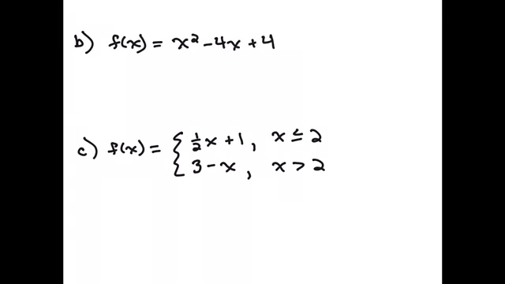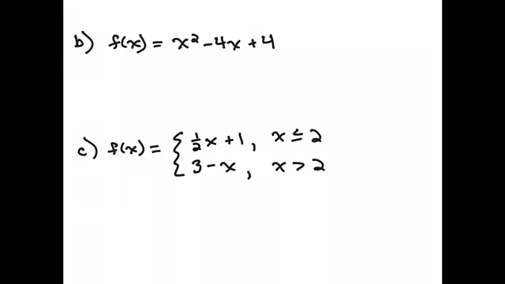F of x equals x squared minus 4x plus 4. So just think about that function. What does it look like? It's quadratic, right? It's a parabola. It opens up. Is there going to be any discontinuities?